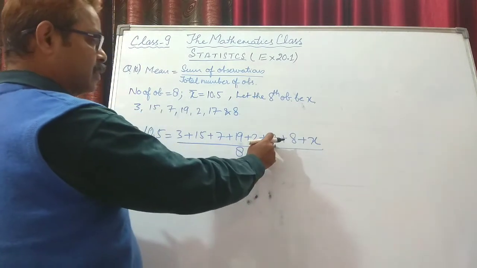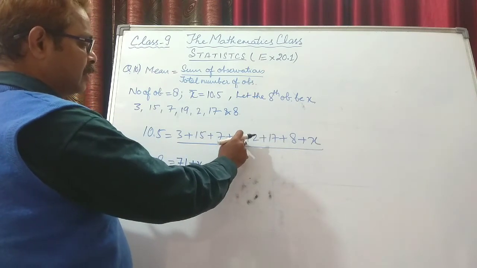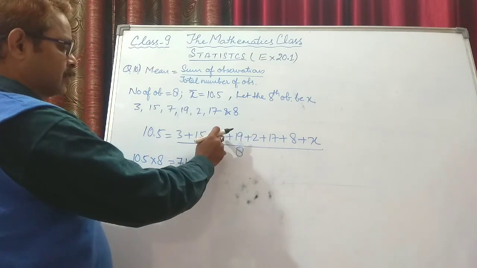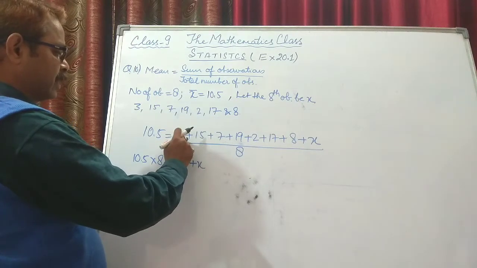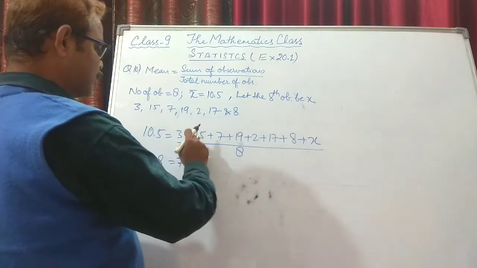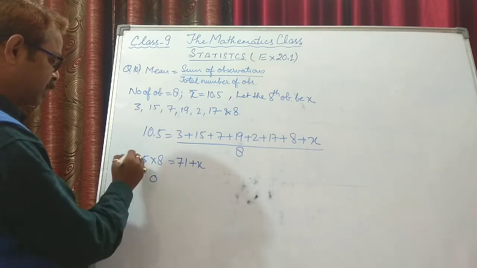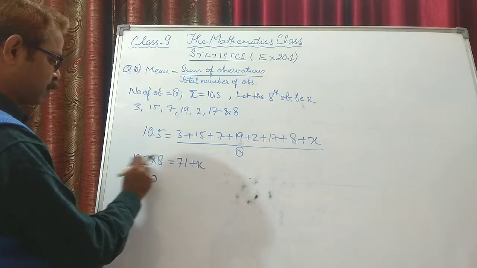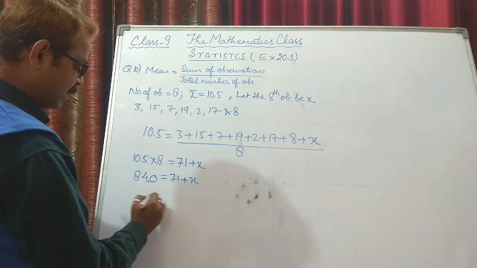Adding: 8 and 7 is 15, 17, 18, 26, 33, 38, 40, 41, carry 5, 6, 7. So 71 plus x. Now 8 5s are 40, and 8 1s are 8. Decimal will be here. So 10.5 into 8 is 84, equal to 71 plus x.